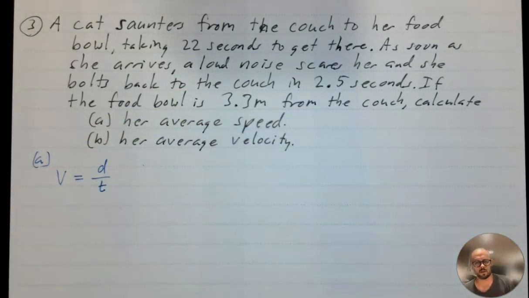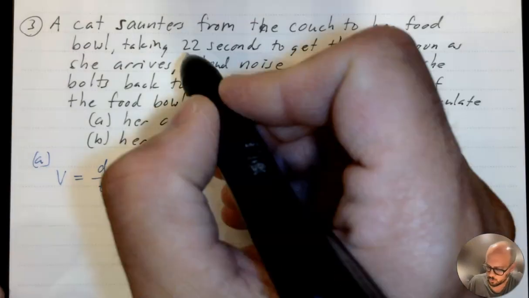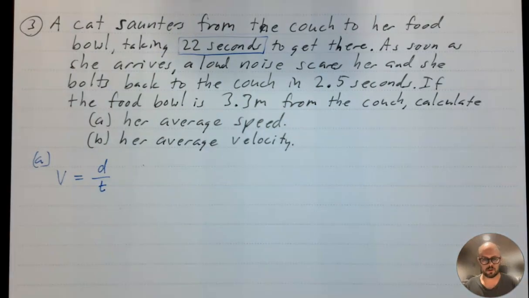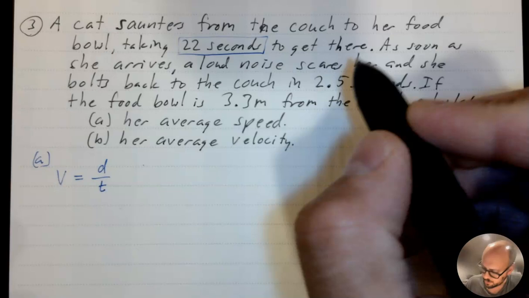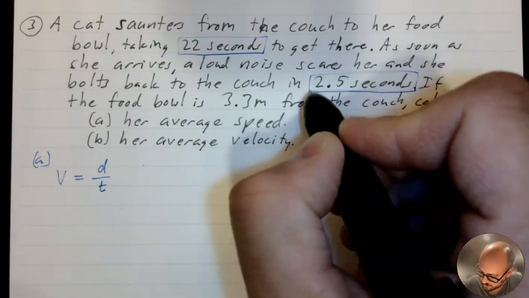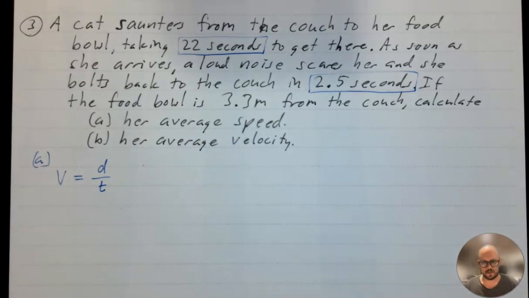Now we have to consider everything that happens with the cat. This 22 seconds is the first part of the journey where the cat goes from the couch to the food bowl. And then the 2.5 seconds is when the cat is sprinting back to the couch from the food bowl.